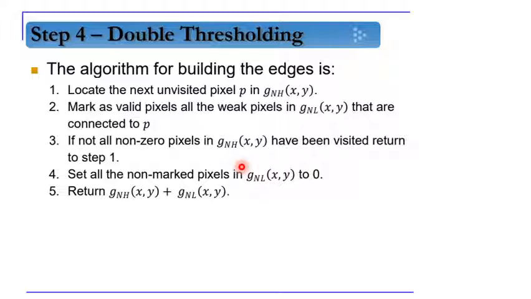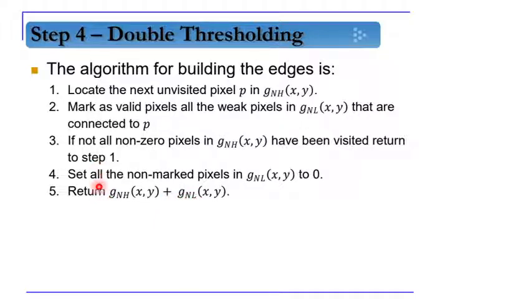After applying this algorithm, we are modifying gNL(x,y) only. We will get a new modified gNL(x,y) which contains only those points that are somehow connected to the pixels in gNH(x,y), the higher threshold, and the rest of the points will be made 0. Finally, all the pixels found as edge pixels from this lower threshold image will be added to the higher threshold image.